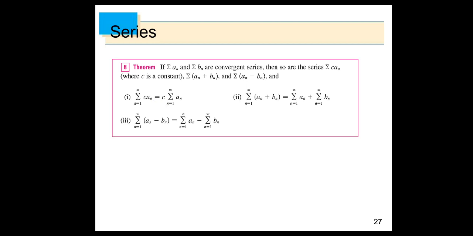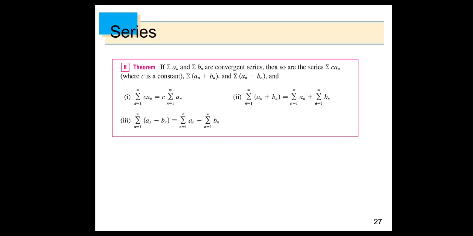And in the second equation we have an addition over here. We have sigma of a_n + b_n. So we can write sigma a_n where n equals 1 to infinity, plus sigma b_n where n equals 1 to infinity, right?